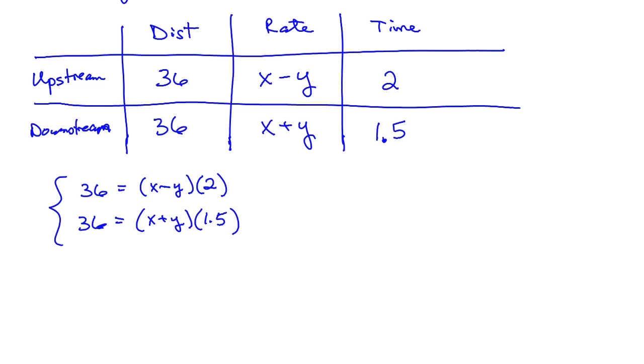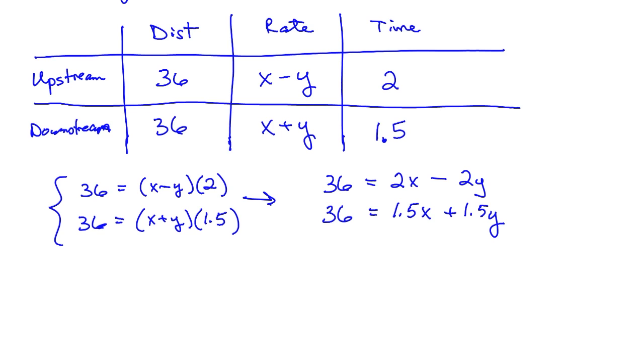So we get the system: 36 is equal to x minus y times 2, and 36 is equal to x plus y times 1.5. Let's distribute the numbers. So we're going to get 36 is equal to 2x minus 2y, and 36 is equal to 1.5x plus 1.5y.